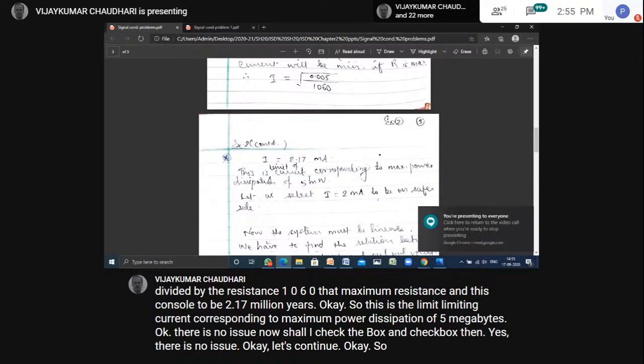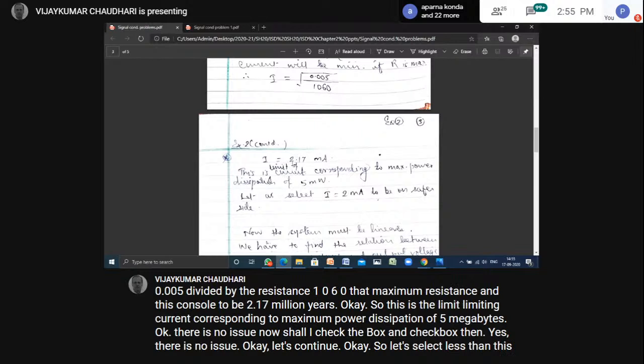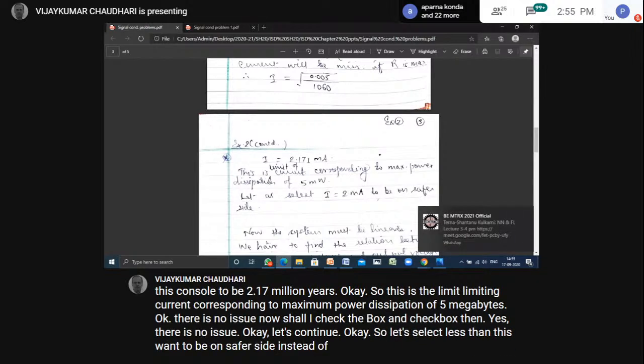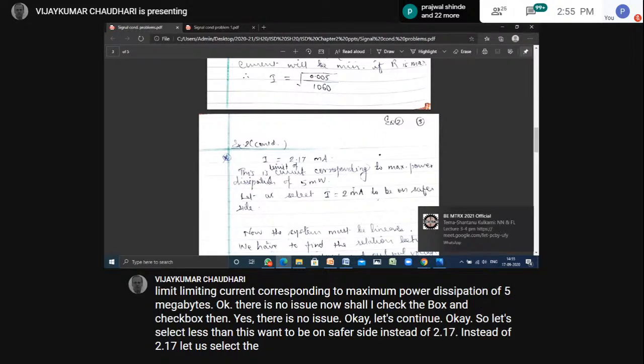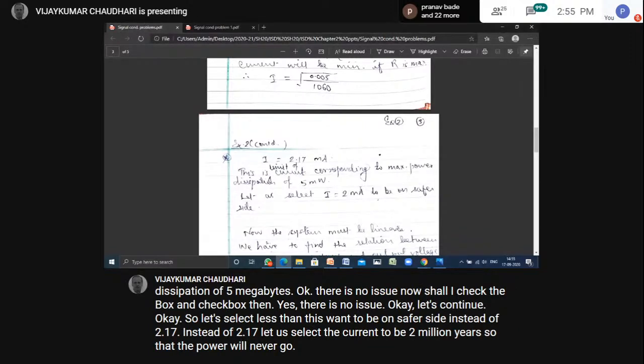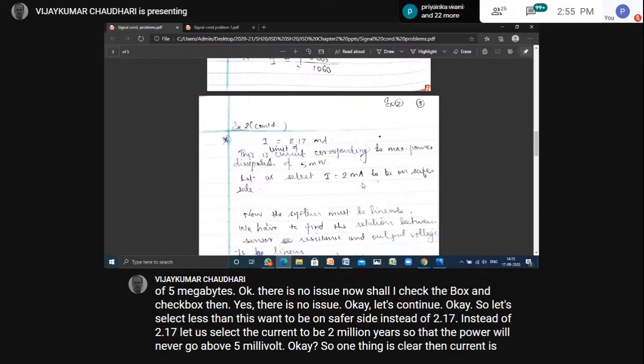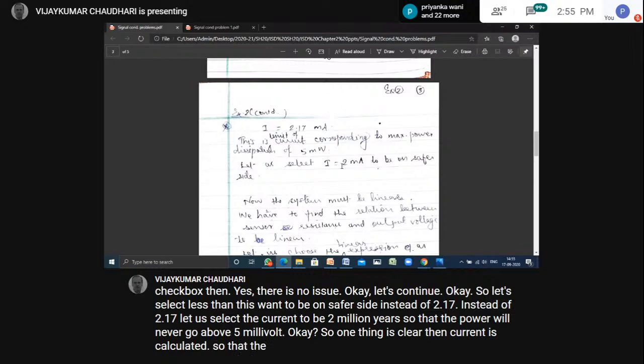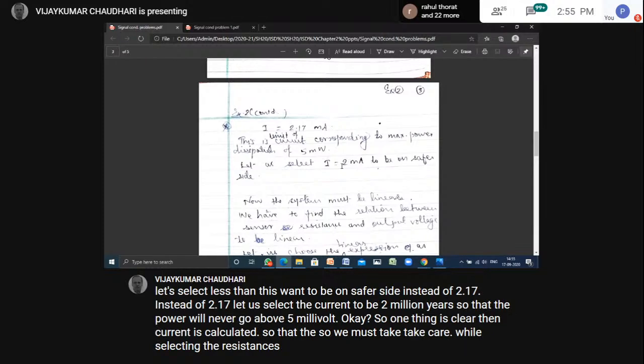So let's select less than this to be on the safer side. Instead of 2.17, let us select the current to be 2 milliamperes so that the power will never go above 5 milliwatts. So one thing is clear: the current is calculated, so we must take care while selecting the resistances to be connected to the op amp.